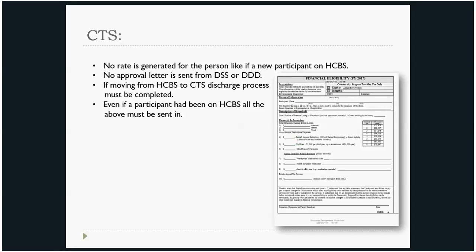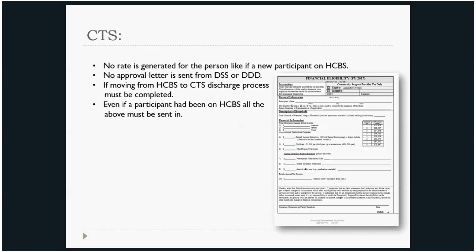Here's a snippet of that form. So you'll see FY17 in the top right corner. And there's also another page on the back for emergency application. But this form is important because a component of CTS is also the financial eligibility, and there is a bit of a table here that you'll need to look at for the person to make sure they're also financially eligible for services.